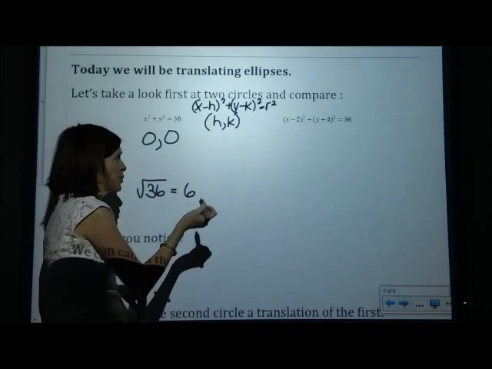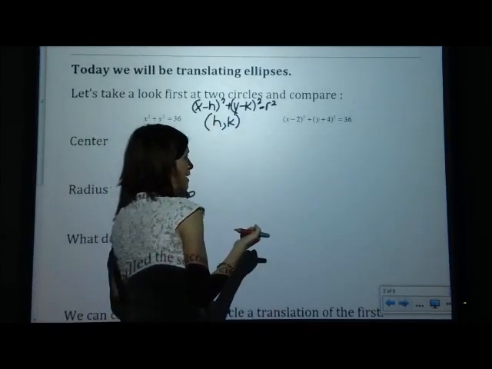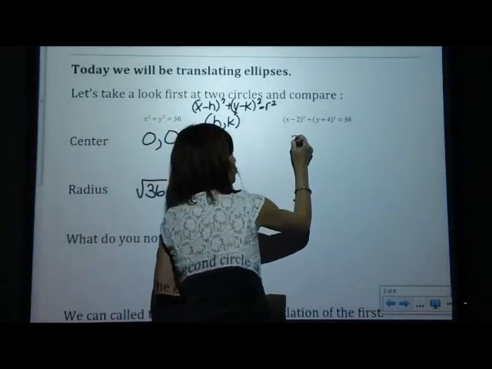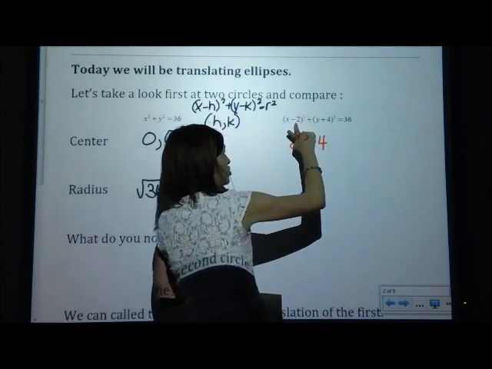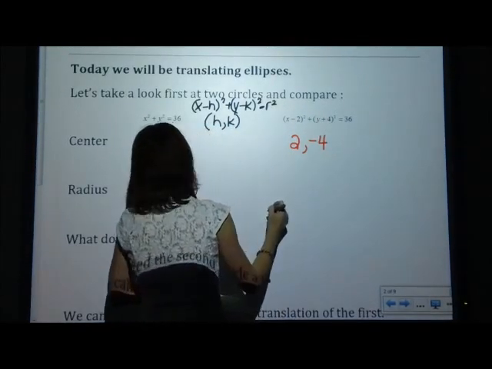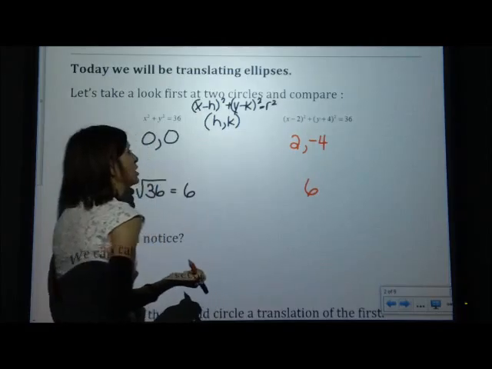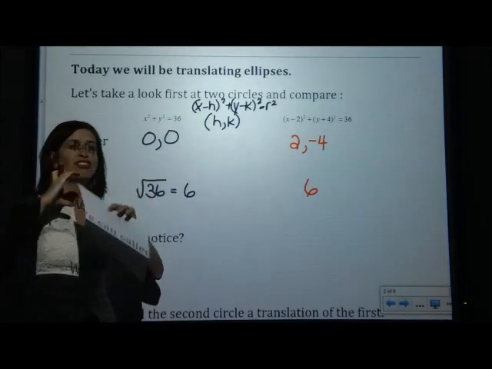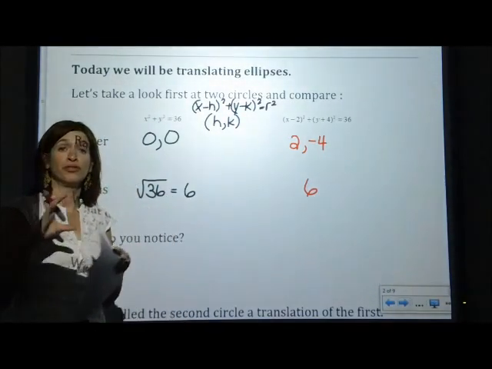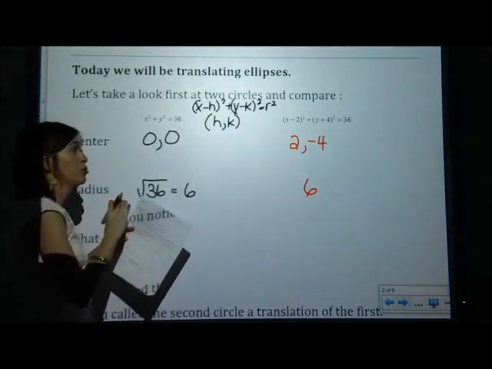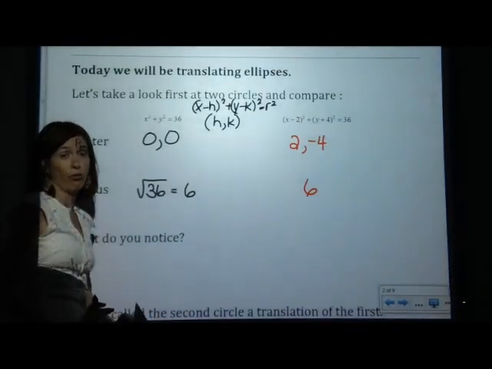Okay, now this one's slightly different. We can tell my center. My center here would be (2, negative 4), because it's change sign, and my radius, again, would still be 6. So the circle size hasn't changed, but it has moved. It has moved to the right 2 and down 4, okay?